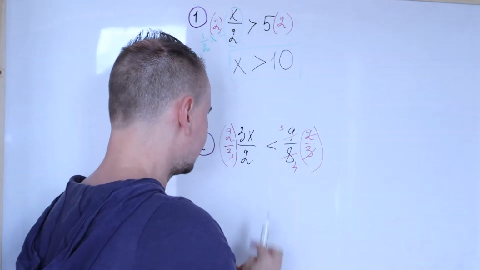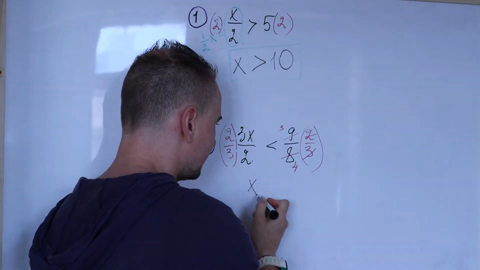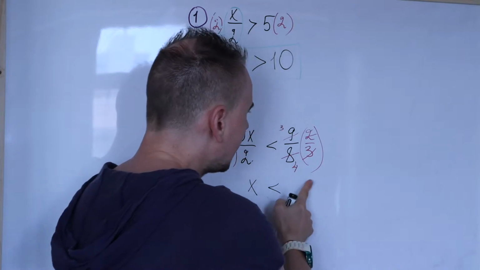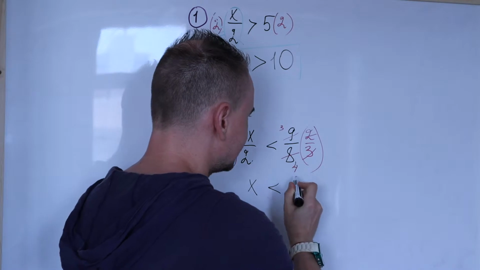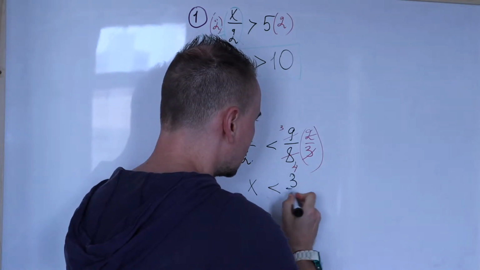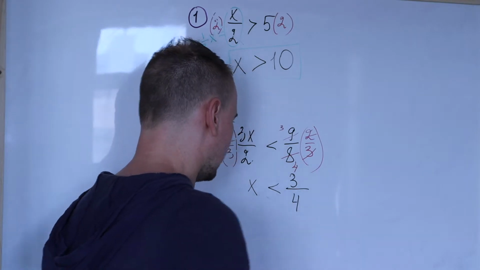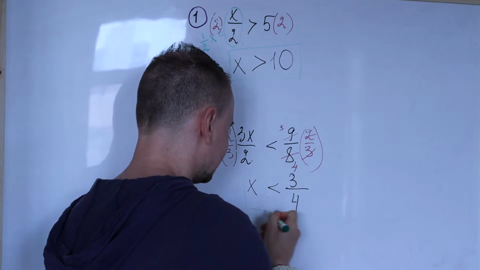So you are left with x. You keep the sign of your inequality, which is less than, and what's left over is just 3 on top and 4 on bottom. So it's x less than 3/4.